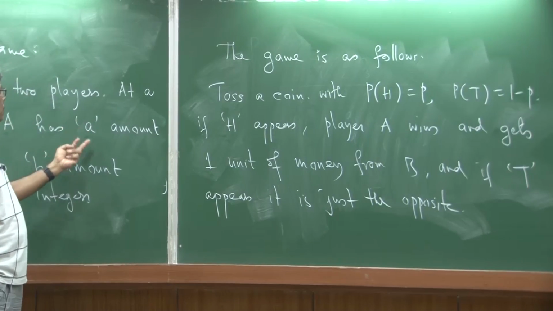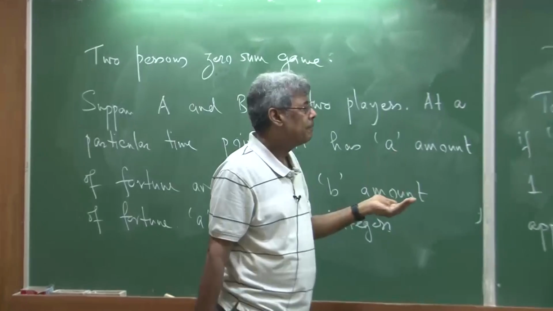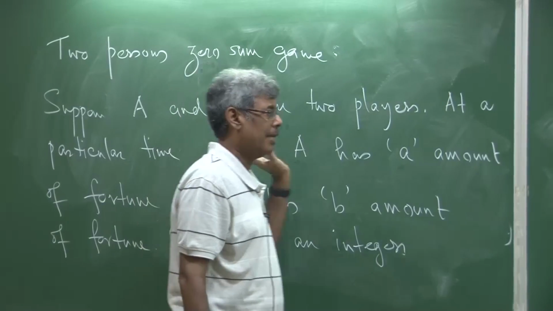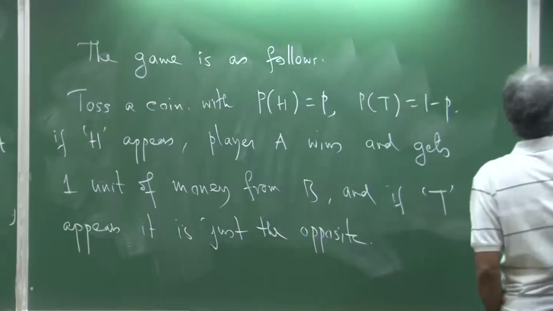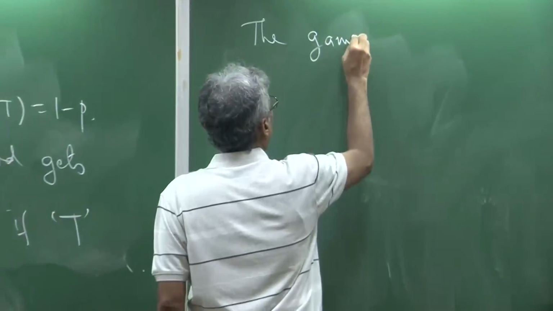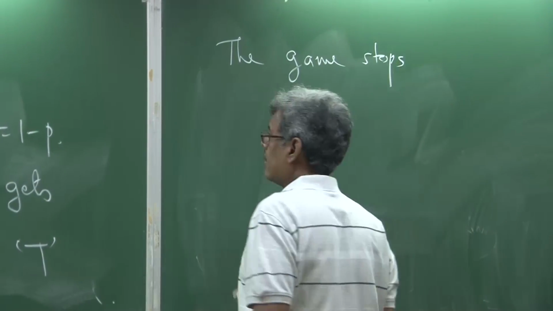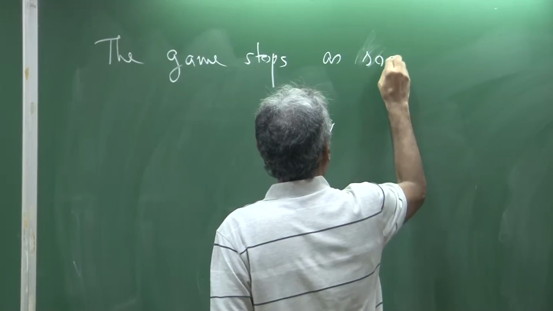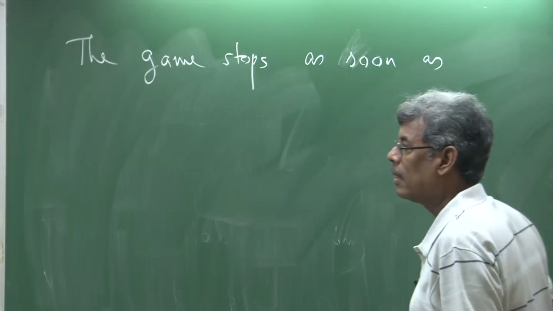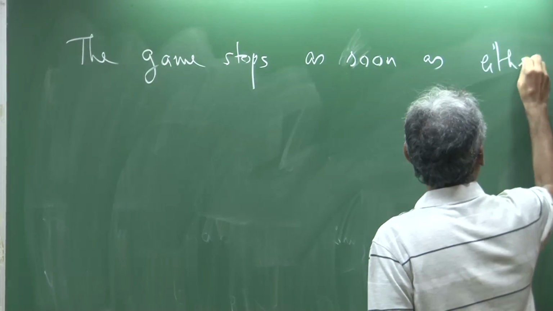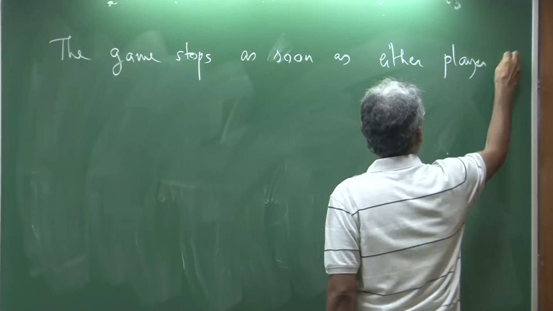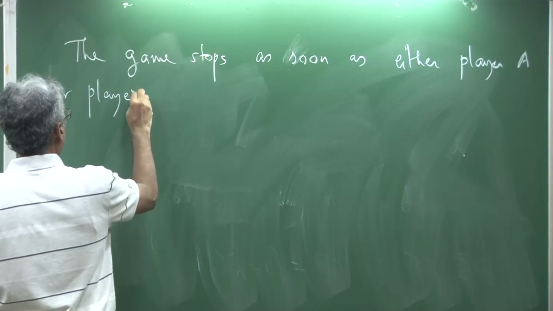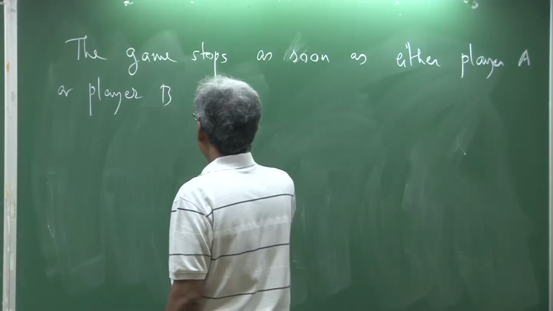Since there is no money coming from outside, the game stops whenever A gets all the money or B gets all the money. So the game stops as soon as either player A or player B gets all the money.